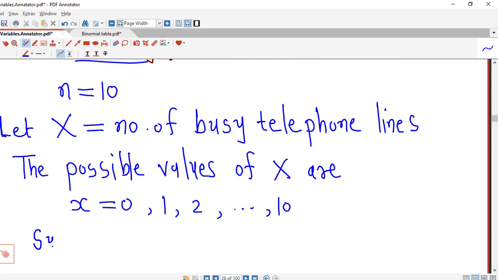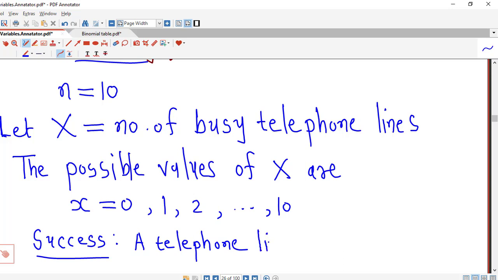And suppose we define success as a telephone line is busy. So we define this event as success.